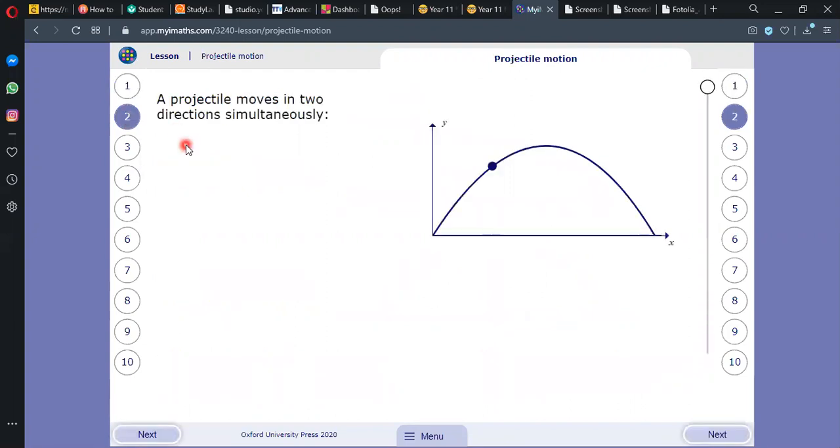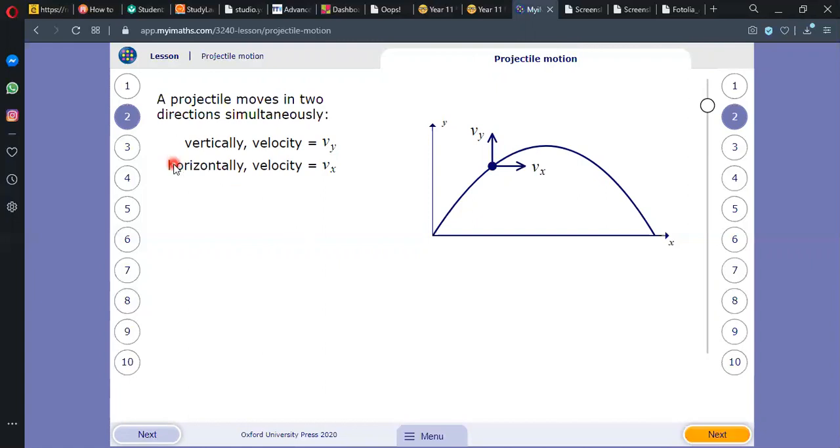A projectile moves in two directions simultaneously. Okay? Simultaneously. First, it moves vertically. So there will be a vertical velocity, which is Vy. You can see it here pointed vertically upwards.